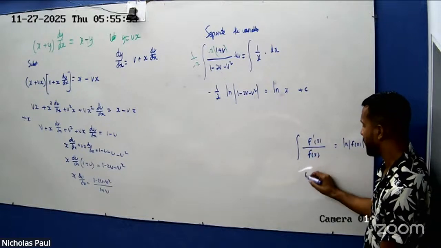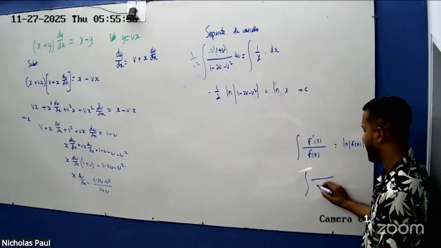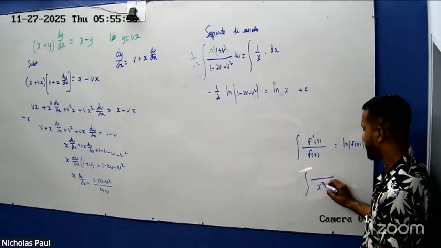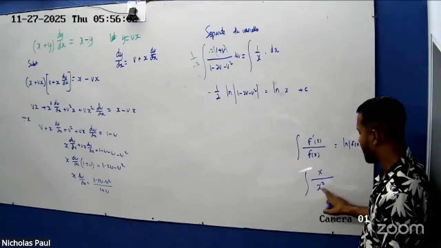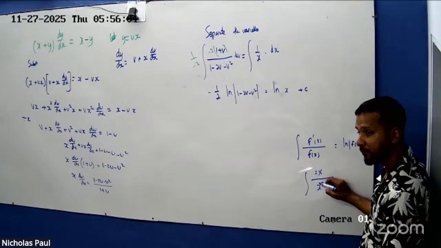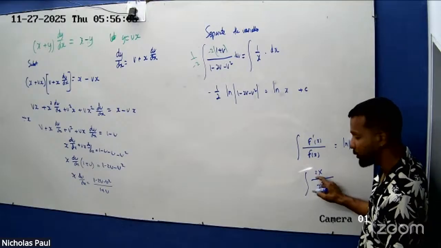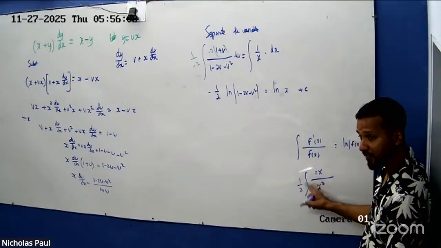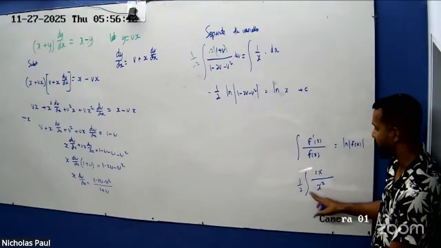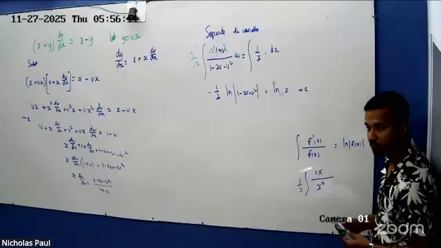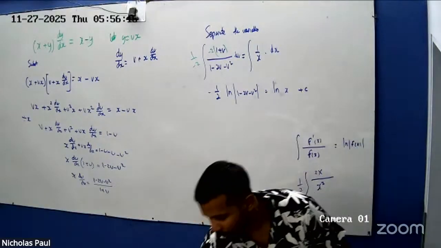So if underneath is, let's say, x squared, and on top is x, the differential of x squared is 2x, right? So you put a 2 there and divide it out here, so you cancel. The integral of this is ln x squared. Then you include the half.